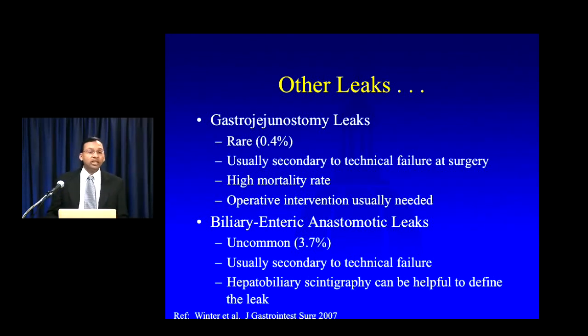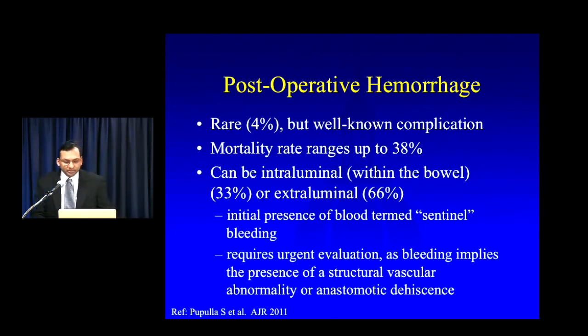If you see a fluid collection adjacent to the pancreatic jejunostomy, it's most likely a pancreatic fistula or a pancreatic jejunal leak. On the other hand, if you see a fluid collection in the right upper quadrant near the hepatic jejunostomy, you have to worry that it's probably a bile leak from the hepatic jejunostomy. If you're not sure, hepatobiliary scintigraphy or nuclear medicine studies can be very helpful in defining whether the patient truly does have a leak from the biliary enteric anastomosis.